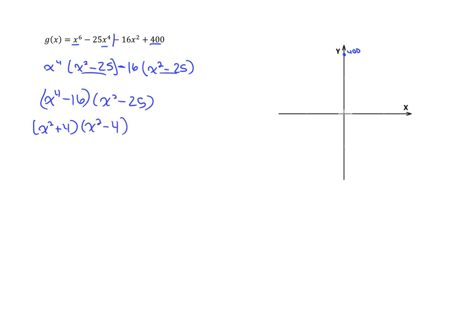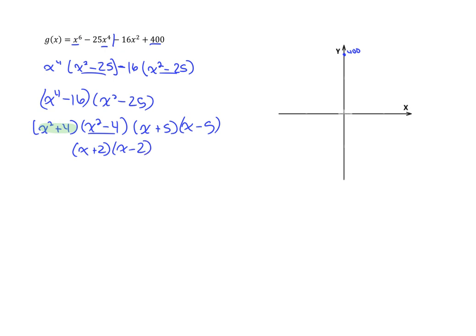X squared minus 25 is also a difference of squares, that's x plus 5, x minus 5. This x squared plus 4 has two imaginary solutions. I have solutions, but I can't graph them because when they're imaginary, they don't show up on the graph. So I continue to factor x squared minus 4, and that becomes x plus 2, x minus 2.